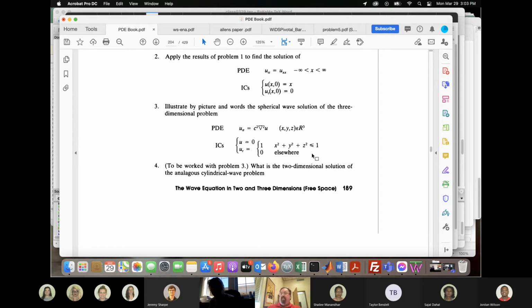Since we're in three-dimensional space and your solution is a function of x, y, and z, we're really talking about 4 dimensions altogether. Even if you're focused on what's happening at a specific time, you still have x, y, z, and u to consider.